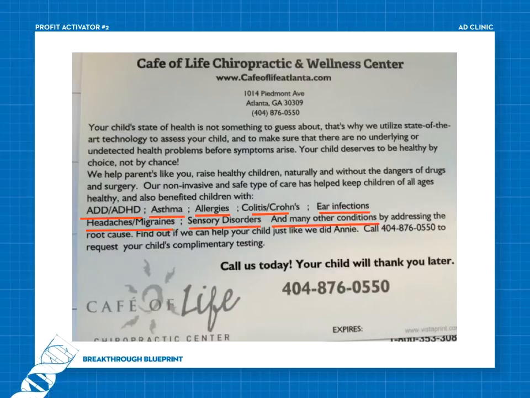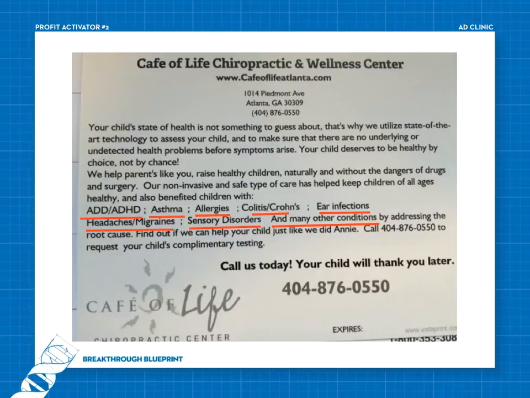It's trying to convey that we can help you or your child with all kinds of different things, but it does it at the expense of being crystal clear to one target audience.